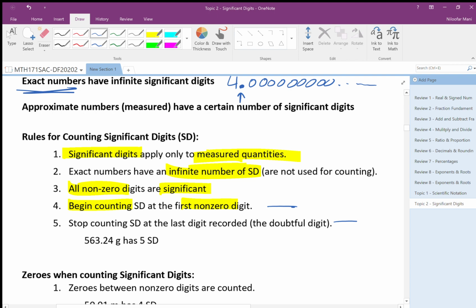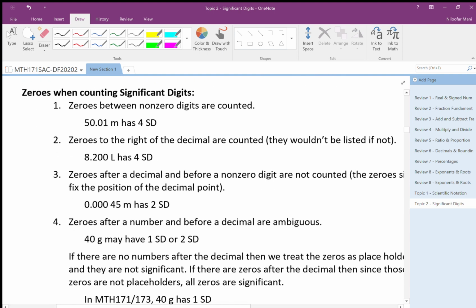Why? Because it says begin from the first non-zero digit and then stop at the last one recorded. Okay, so zeros when counting significant digits.